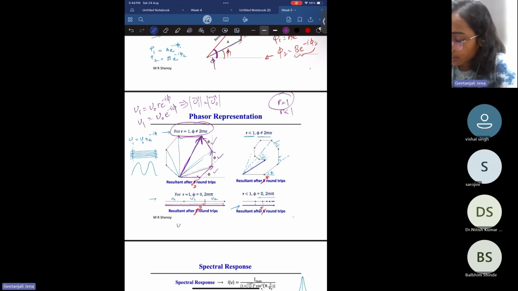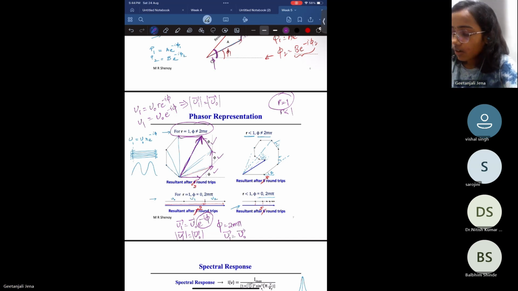For this case, u1 is u0 e to the power minus i phi, right? And the magnitudes are the same because r is 1. In addition to magnitude, if phi equals 2m pi or 0, that means this term is 1, so u1 is equal to u0.